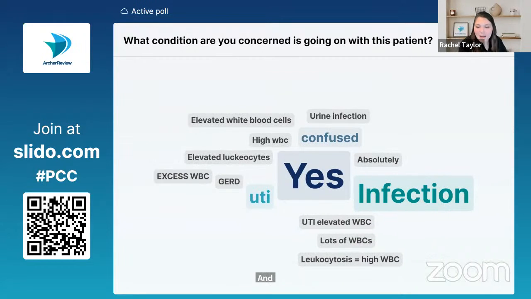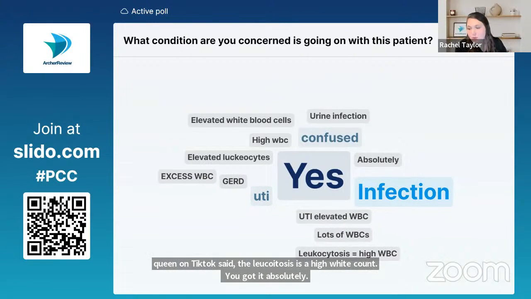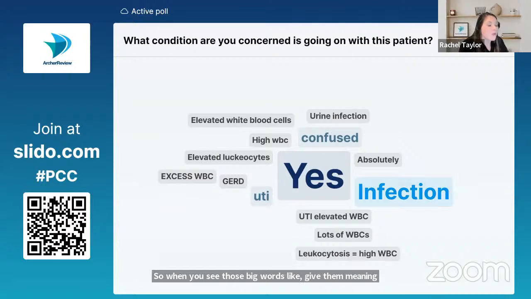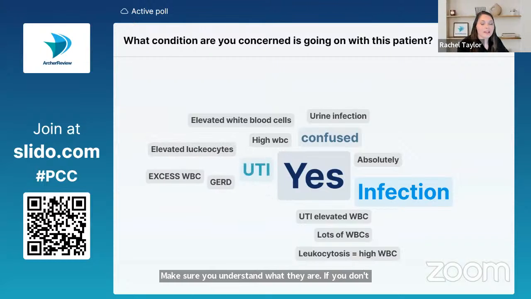You got it. Absolutely. So when you see big words like leukocytosis, give them meaning. Make sure you understand what they are. If you don't know that it means an elevated white count, look it up, because it is possible that you could see that medical terminology on your NCLEX exam.